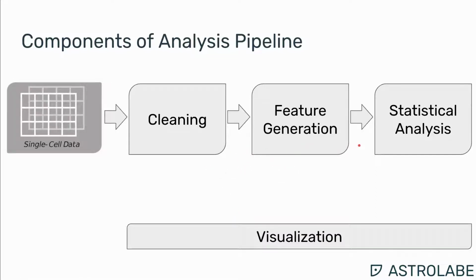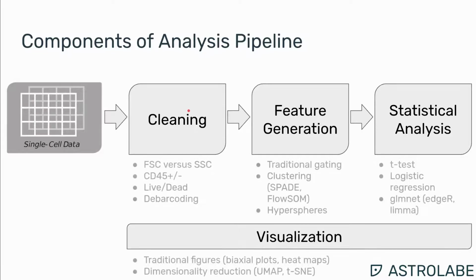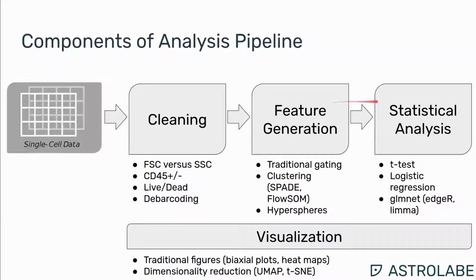And once you have this framework in mind, building your analysis pipeline is just playing the game of multiple choice. For each one of these rubrics, there are different tools and methods you could incorporate. For example, for cleaning, you could use forward scatter versus side scatter or live/dead. Then for identifying features, you could use traditional gating or clustering.